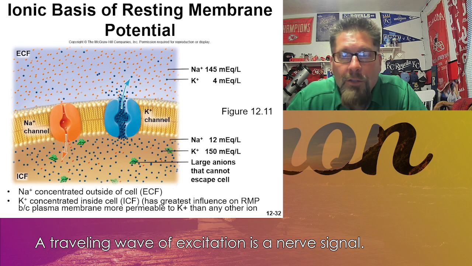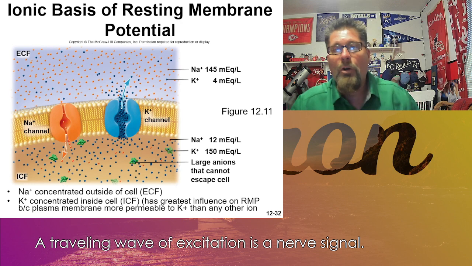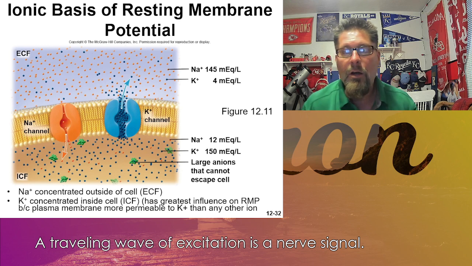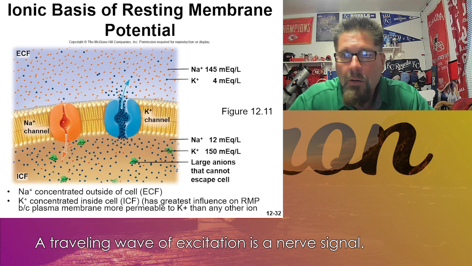The one on the left is the sodium, as you can see. The one on the right is potassium. When the sodium channel opens up, sodium elements come pouring in, and they are positively charged, which is going to increase the charge level inside of the cell.